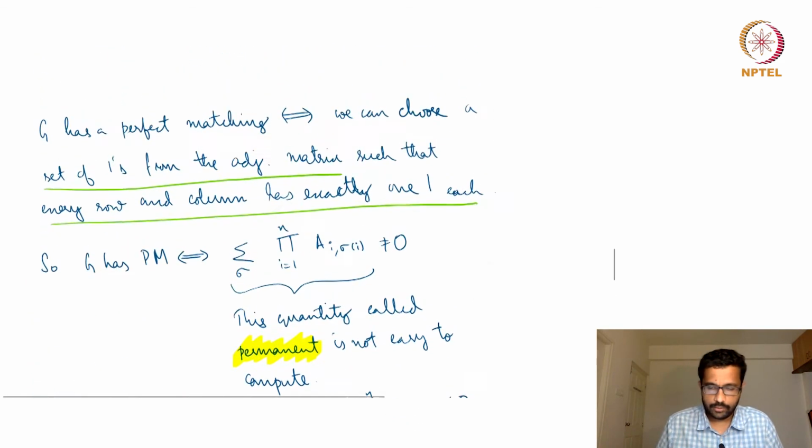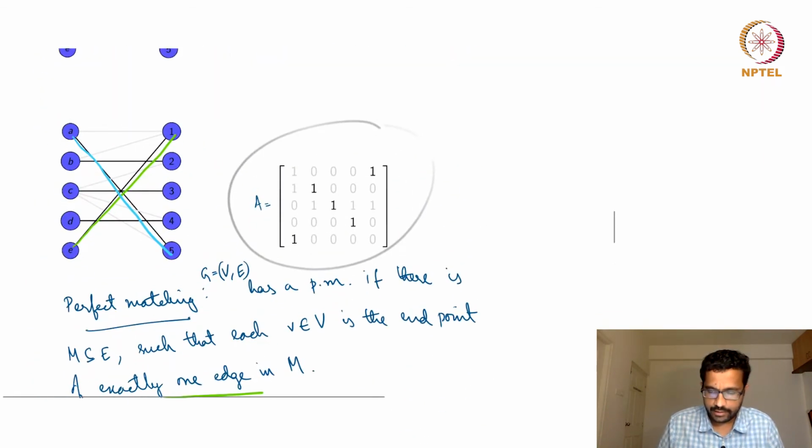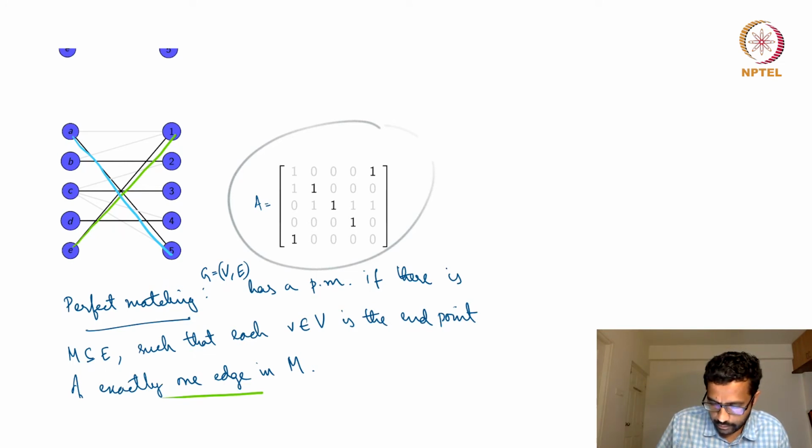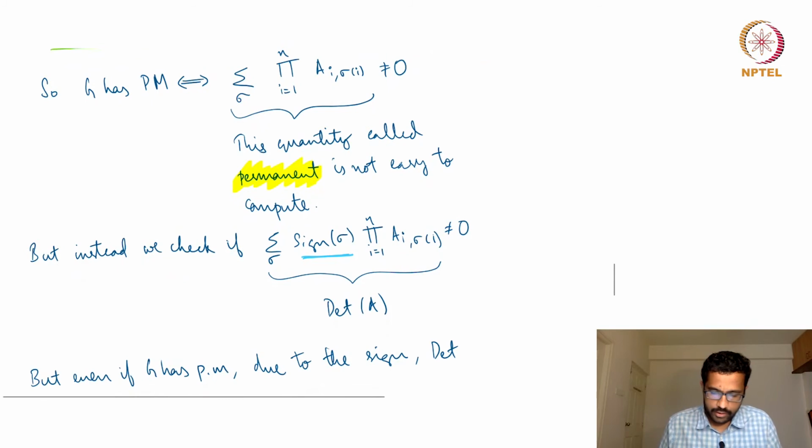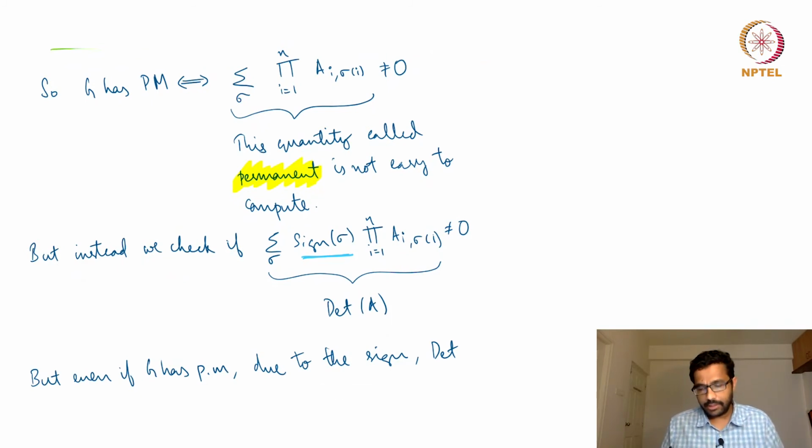If you recall the definition of the determinant, it is 1 into the determinant of this submatrix, then -0 into the determinant of the corresponding submatrix, plus 0 into this, and so on. So this determinant is similar to the permanent, but it has a signed quantity. And we know that the determinant is easy to compute.